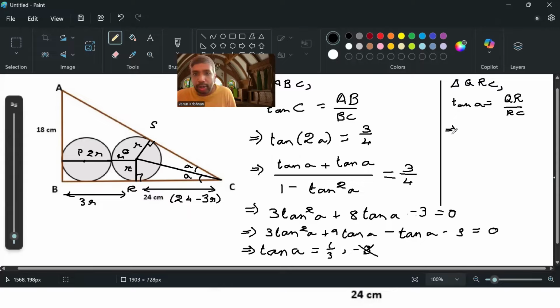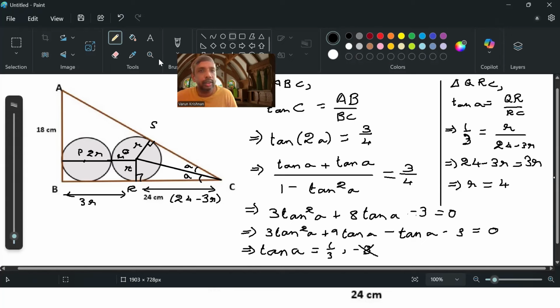Now I know tan of angle A is 1 by 3, and we know QR is the radius of the circle. And RC, as we have written there, is 24 minus 3R. So cross multiplying, I'll get 24 minus 3R is equal to 3R, or 6R is equal to 24, or R is equal to 4.